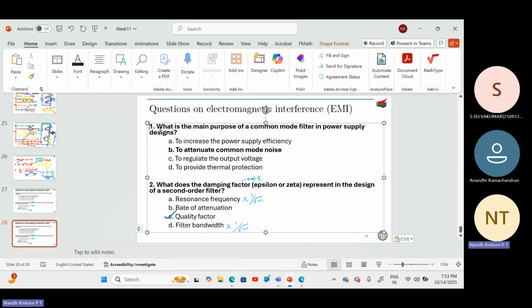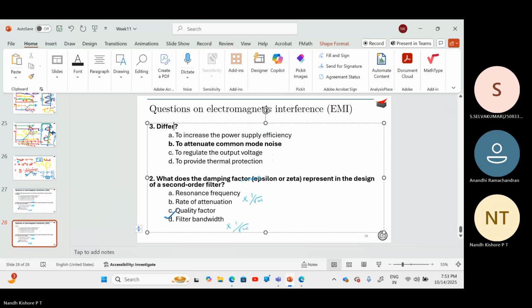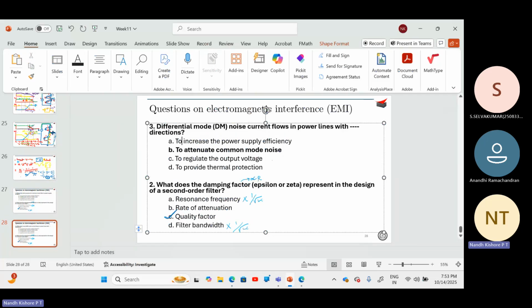The next question is again an easy question. Differential mode, DM noise, current flows in power lines with dash directions.